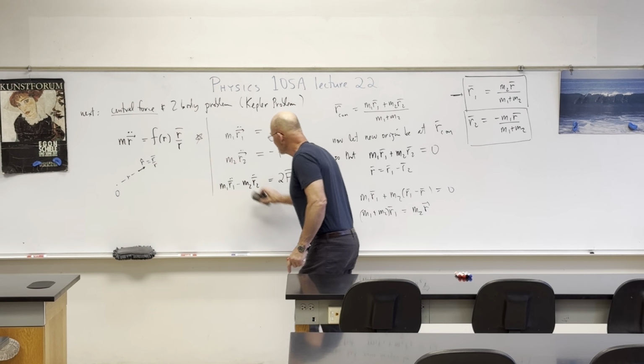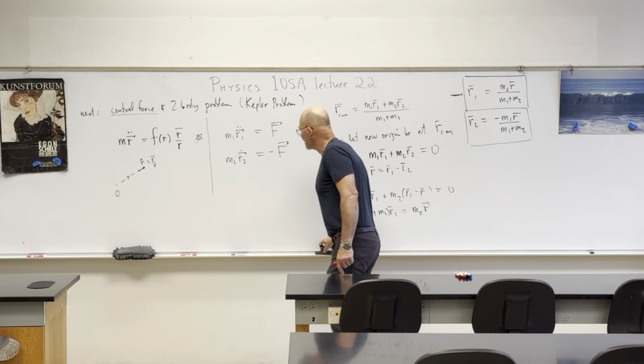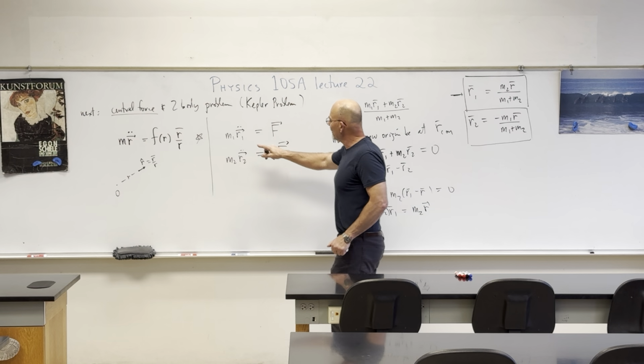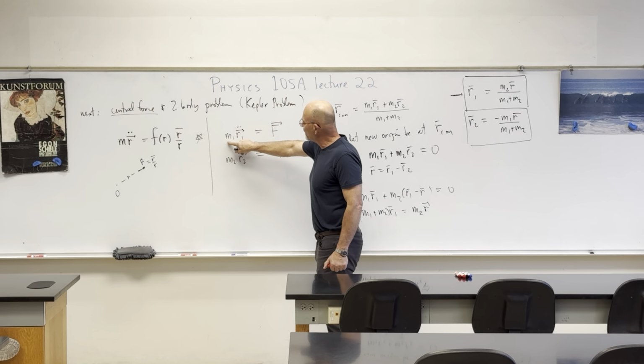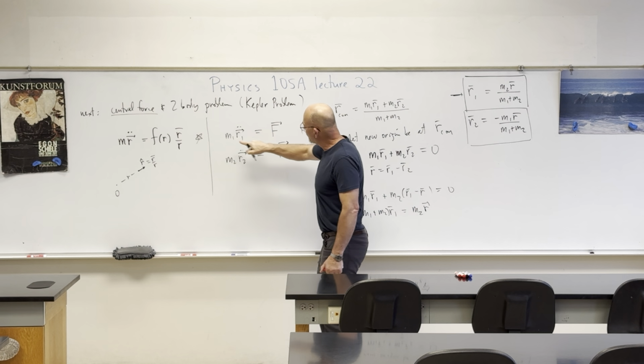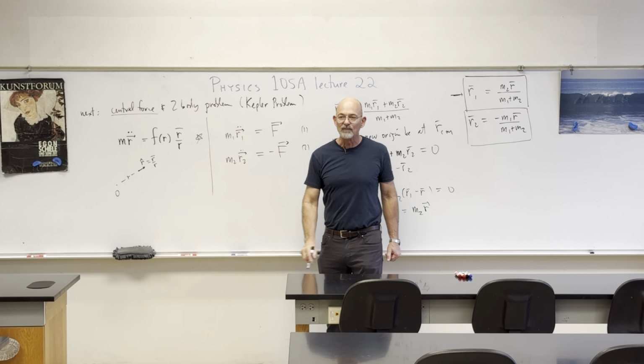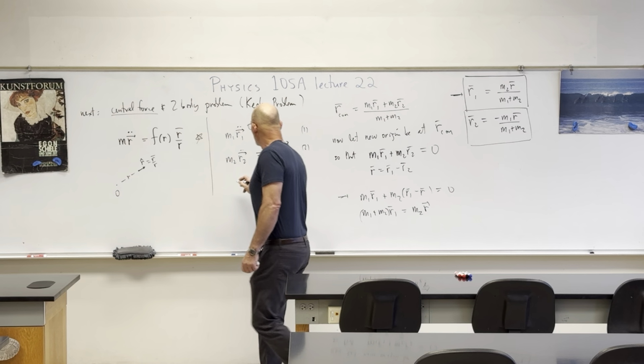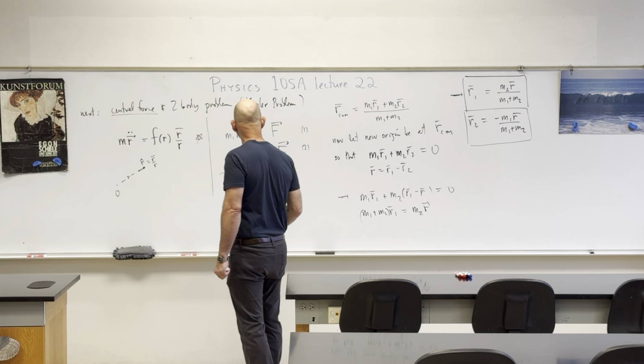Back up. That's not what we've got to do. We have to do the following. We have to multiply the first equation, here, I'll number this, by M2 and the second equation by M1, and then do that. So let's not skip any steps here.